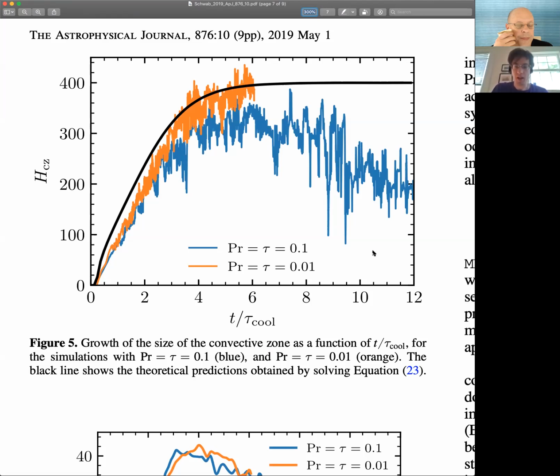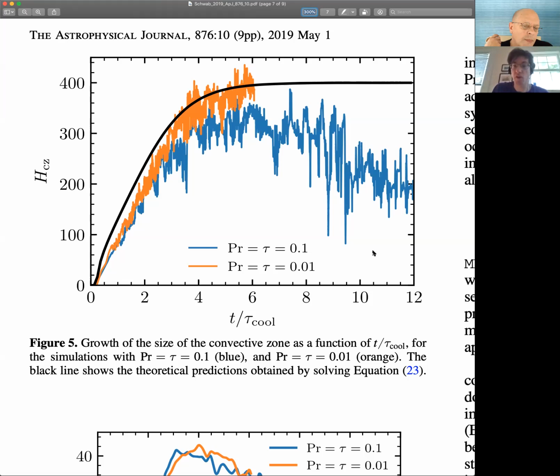Right, the Prandtl number. Exactly. The real Prandtl number is like 10 to the minus 6 or something, so we're still a ways away. But the point is, in both these cases, the prediction of where the convection zone should be as a function of cooling time does a pretty good job of matching this estimate that mixing occurs on the cooling time.